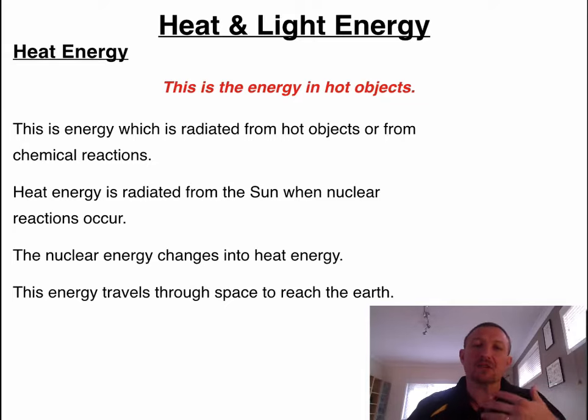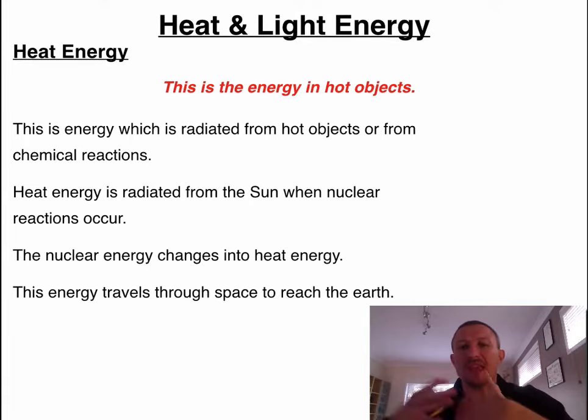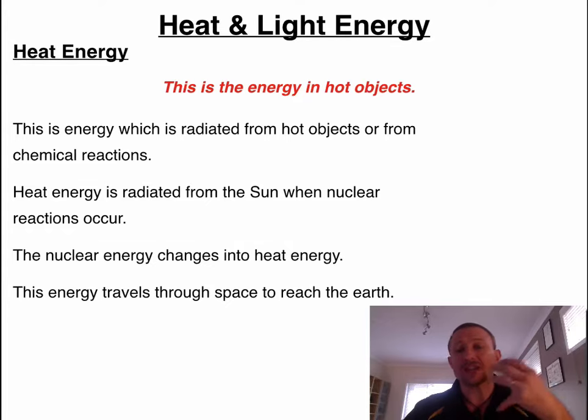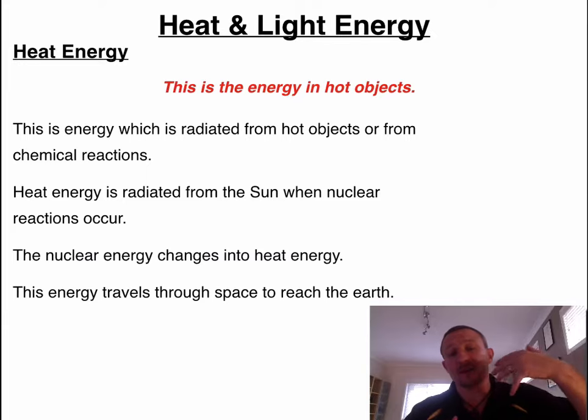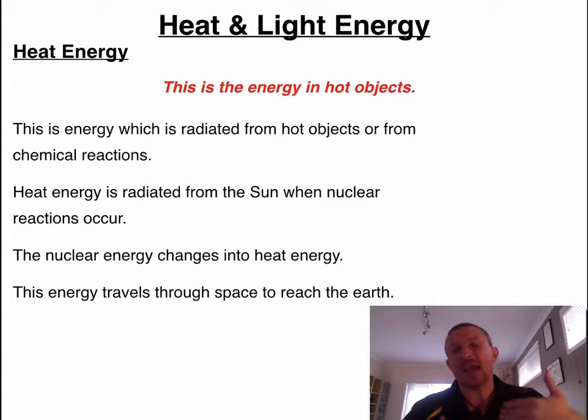And as a result, that nuclear energy is converted into heat energy. That heat energy can be harnessed, and from there we can then utilize it for other forms. Energy travels through space in the form of heat, and basically it's in the form of infrared heat, and as a result it hits our planet Earth, and as a result we can utilize it.